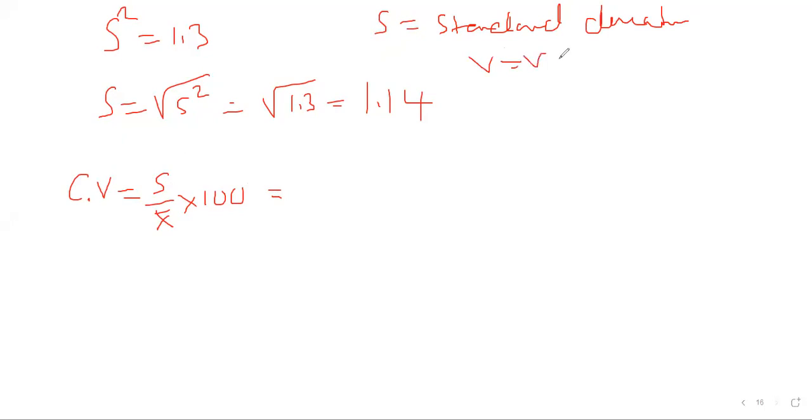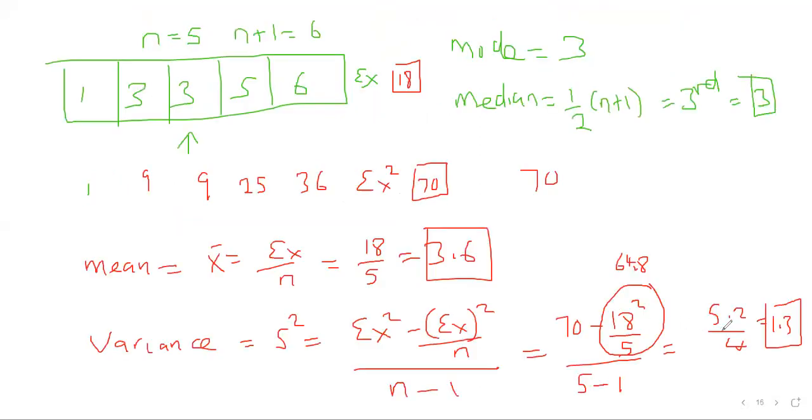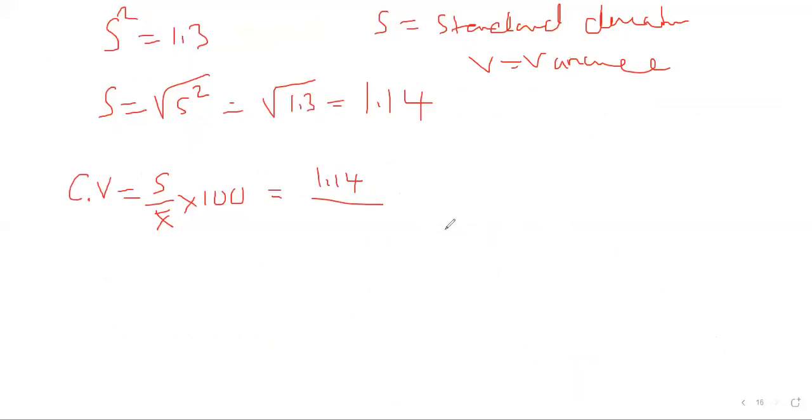Yes. So here we're going to have 1.14 divided by the mean. Our mean was what? 3.6. So when you multiply this by 100, you're going to get 1.7%.